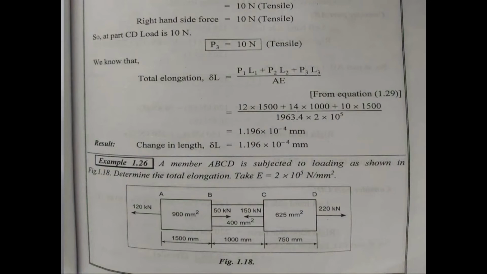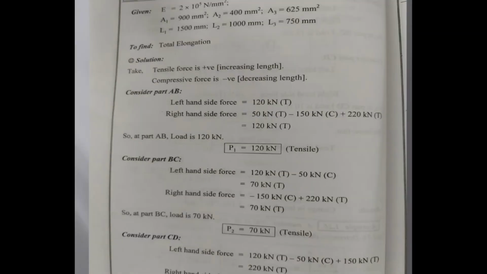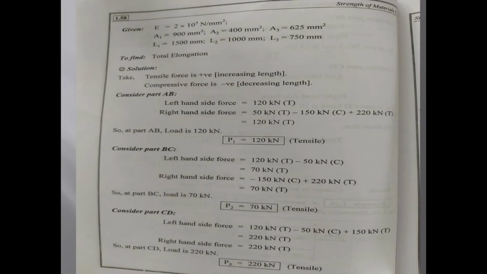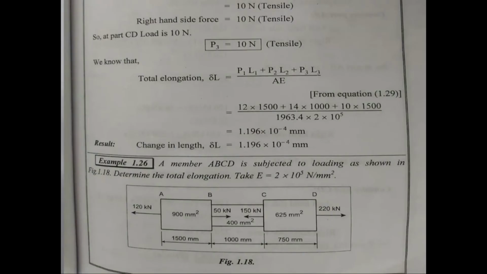Here you take the readings for left hand side and right hand side. For tensile load we take the positive symbol, and for compressive load we take the minus symbol. First you take the left hand side. It is 120 kilonewton, a tensile force, so plus 120 kilonewton. Then take the right hand side.